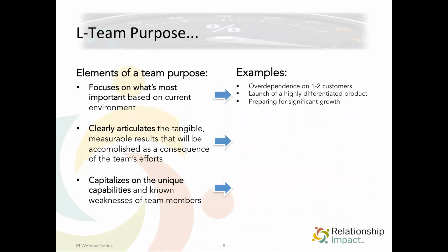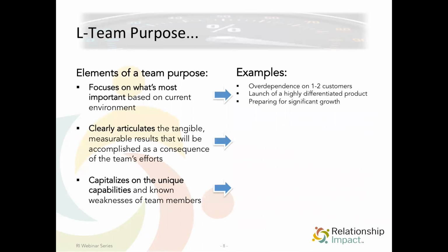Always pushing themselves a little bit, and we often get to a point where there are these pinnacles of growth where we're working with an organization, and the leadership team really needs to mobilize to figure out how we are going to get to the next hurdle, and barrel through it and be successful. So those are a couple of examples of what I'm talking about by leadership team purpose based on the current environment at a particular point in time.